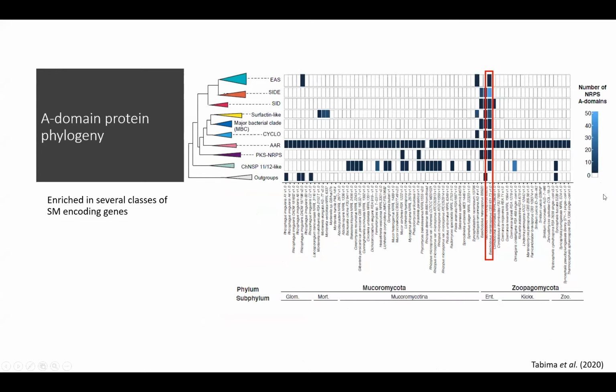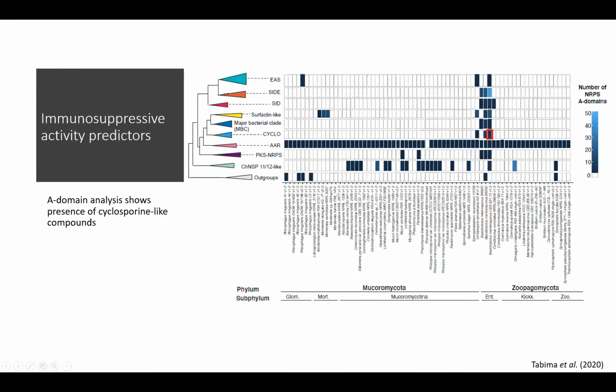One of these clades is the cyclosporin-like clade, which is involved in producing not just cyclosporin, but other depsipeptides in other species of fungi, particularly ascomycetes involved as insect pathogens, which use these in interactions with their animal hosts. So given that Basidiobolus interacts with an amphibian or a reptile host, this has led me to hypothesize that such a compound from this clade would possibly show some sort of immunosuppression as an activity.